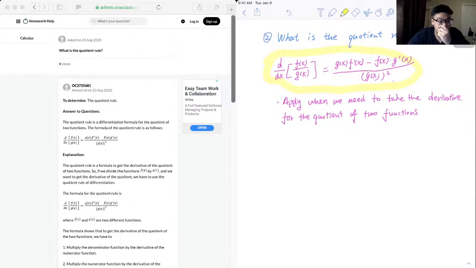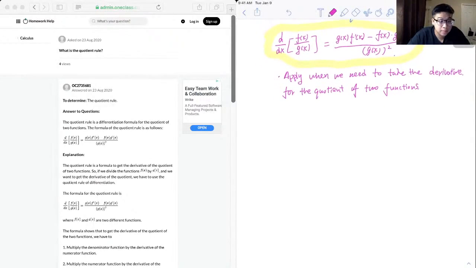And the quotient rule, we usually, okay, I'll use an example to explain.